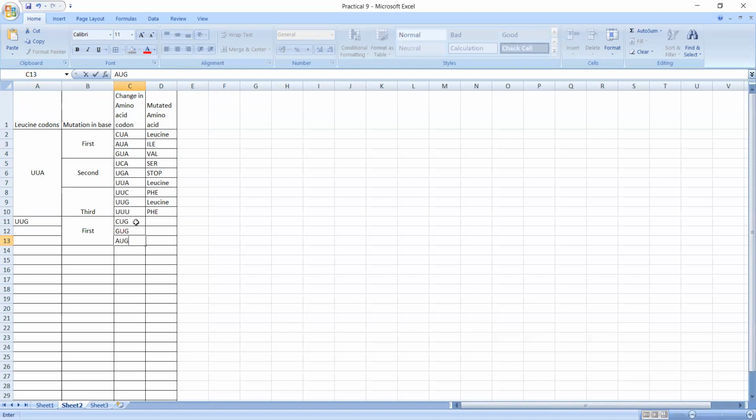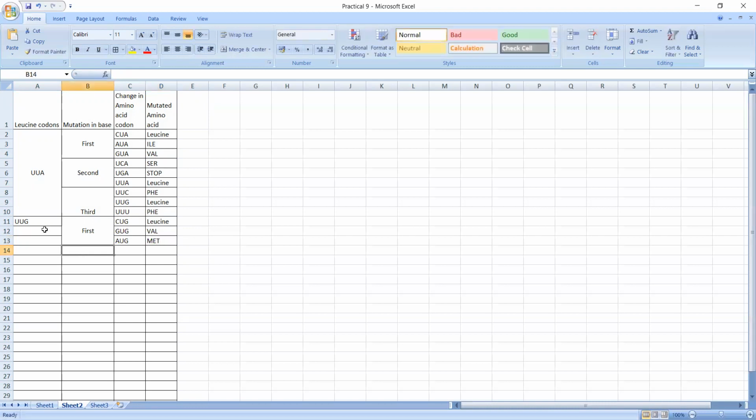All right, let us find this. What is CUG here? CUG is a leucine only. Then next we see GUG. GUG is a valine. Then AUG is a methionine, or we can also call it the start codon.